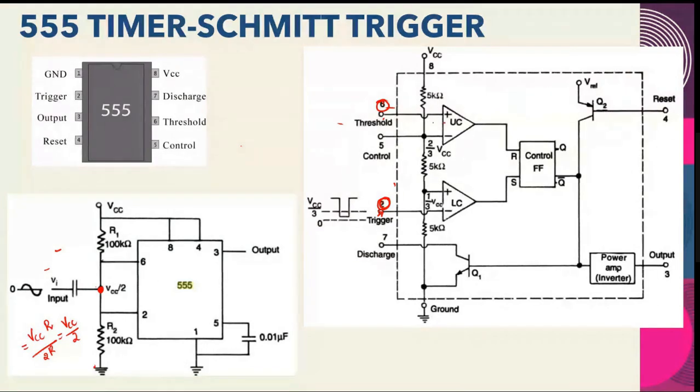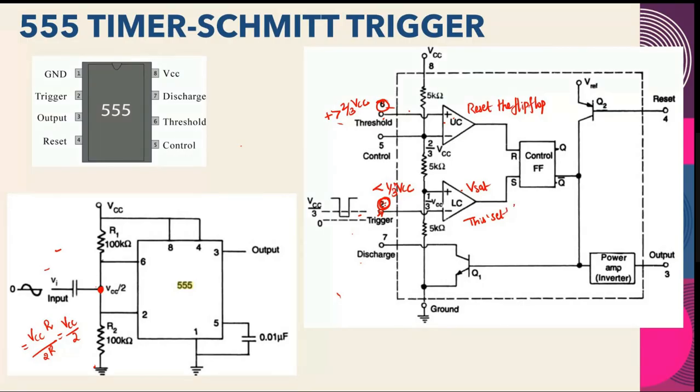We know that when the upper comparator's positive terminal voltage becomes greater than 2 by 3 VCC, this comparator will be on and it will reset the flip-flop. And for the lower comparator, when the input voltage at pin 2 becomes less than 1 by 3 VCC, the output will become VSAT, and this will set the flip-flop.